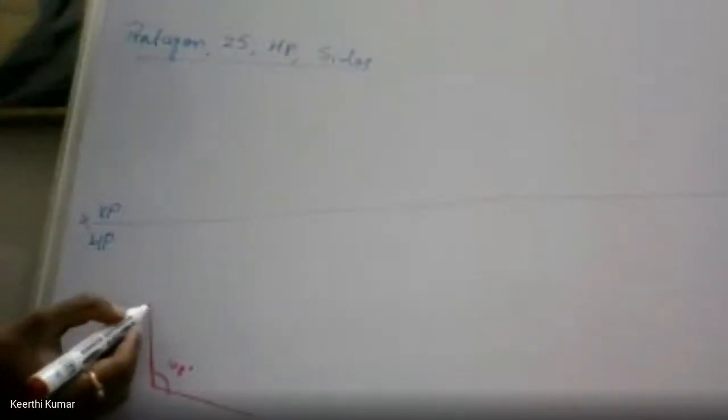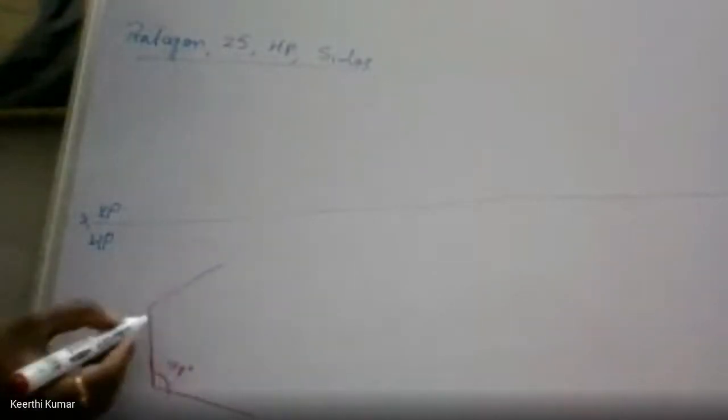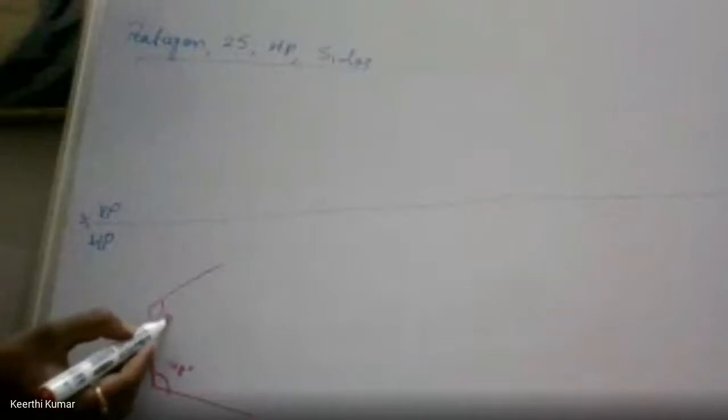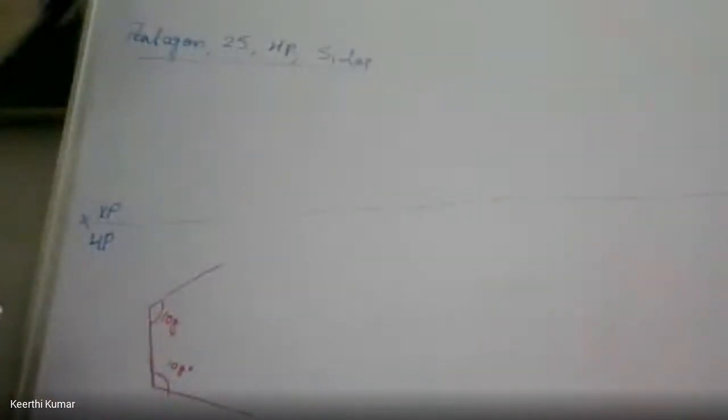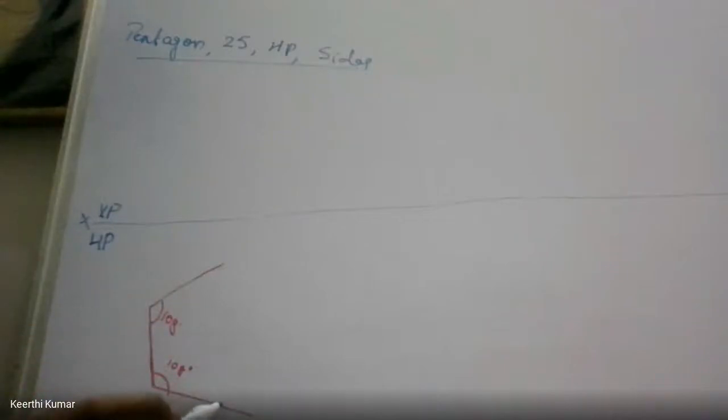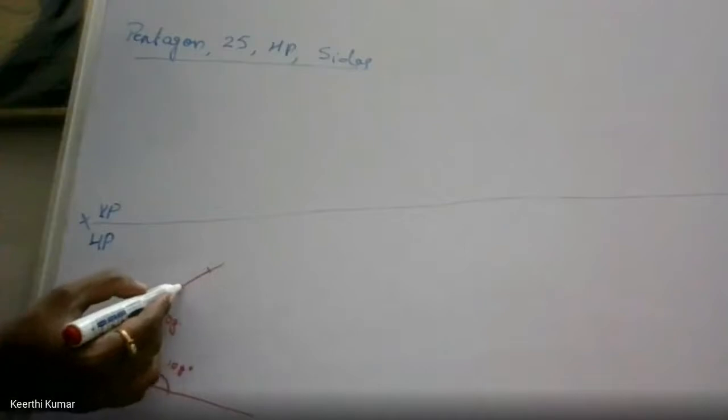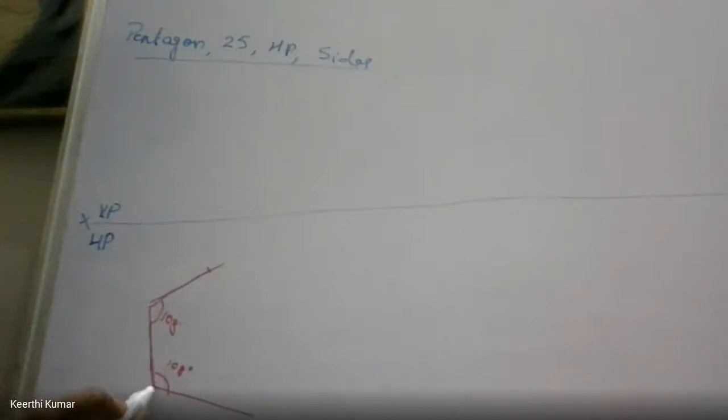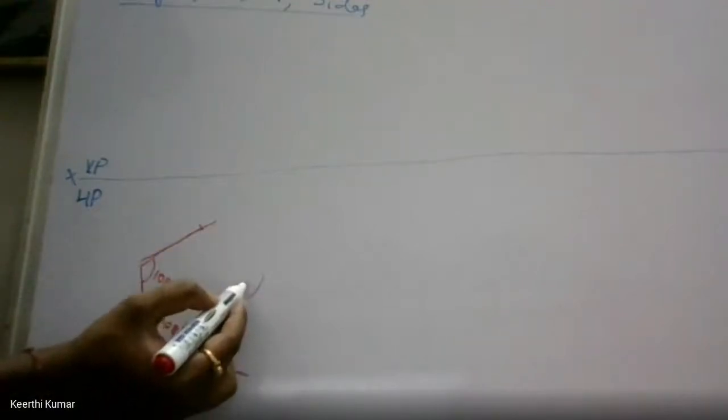Again from this edge, I'll draw a line with the protractor and maintain 108 degrees. Then what is the length of this edge? Again it should be 25, so cut an arc for 25. So we got 25 mm at an angle of 108. That we did. Then once you know these two edges, keeping this as the same point, simply cut an arc with the compass of 25 mm.